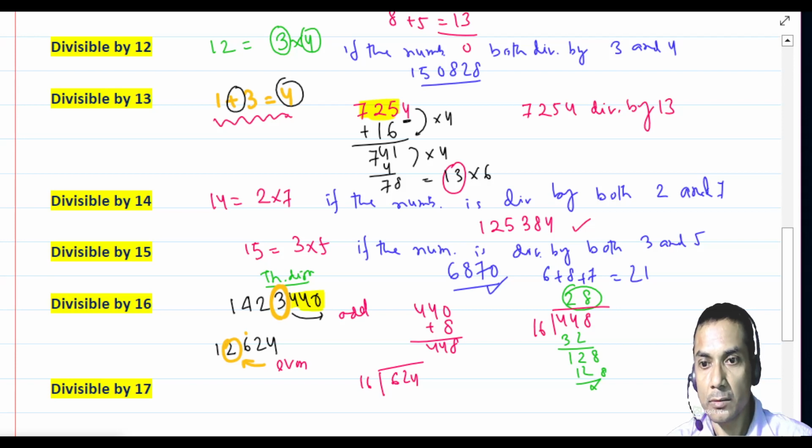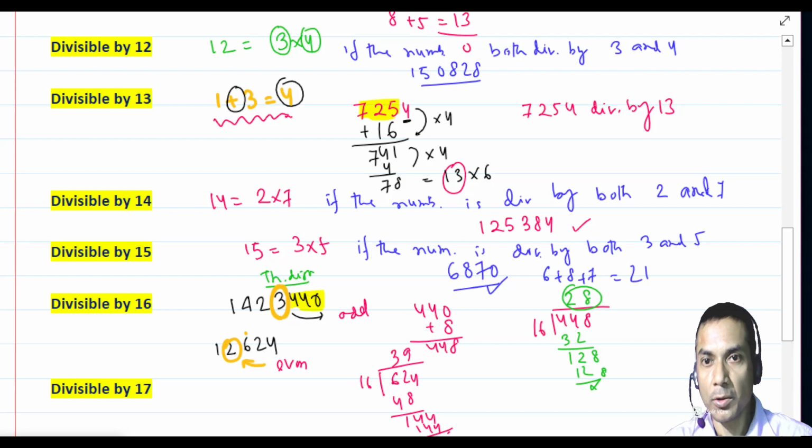Clear? So what will be the value? It is 9,144. So it is divisible.